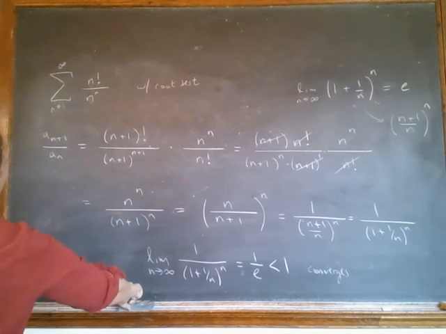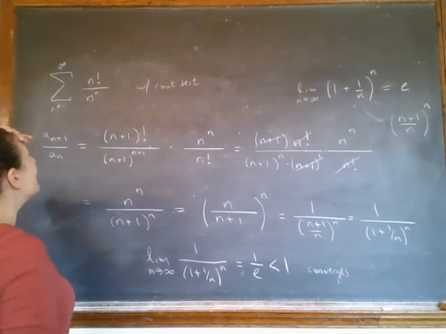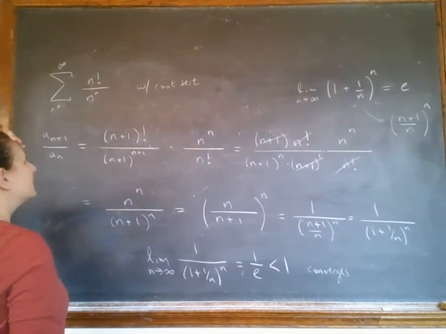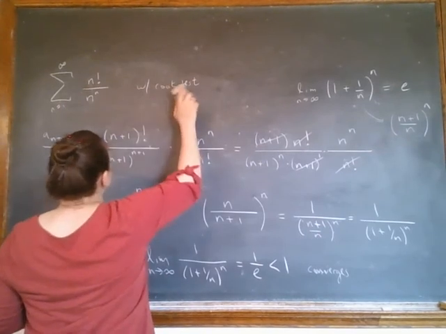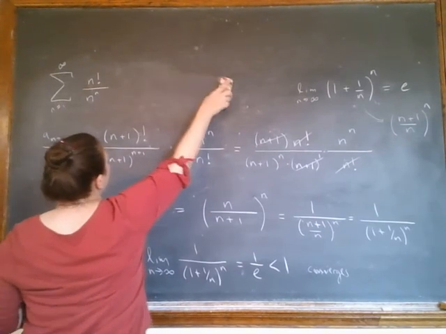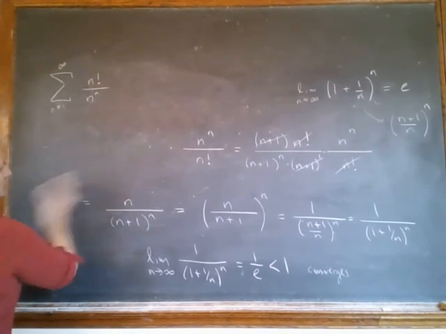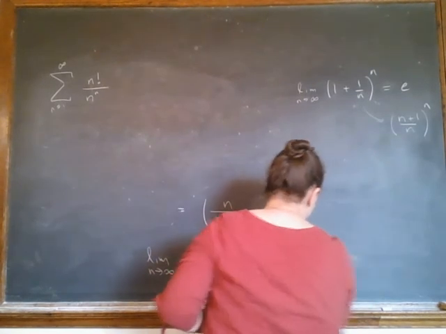That's not going to work out with the root test, because you're going to get n, but then you have the nth root of n factorial. And what are you going to do with the nth root of n factorial? To show that limit, it's not going to work out. So forget it. This was a good one to do with the ratio test.